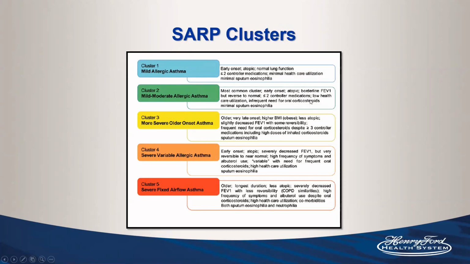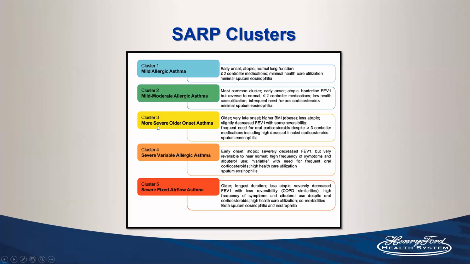They had baseline FEV1, but it would reverse to normal. Cluster 4 is the severe allergic asthma. They had severe decrease in FEV1, but it could reverse to near normal. It was high healthcare utilization.